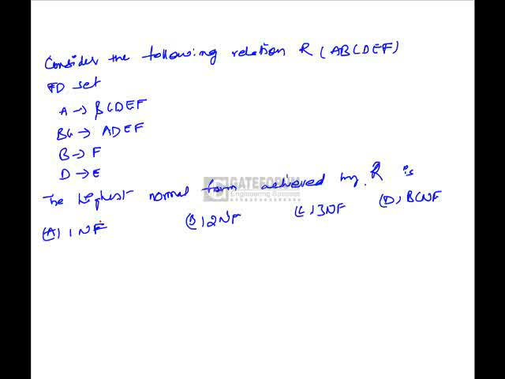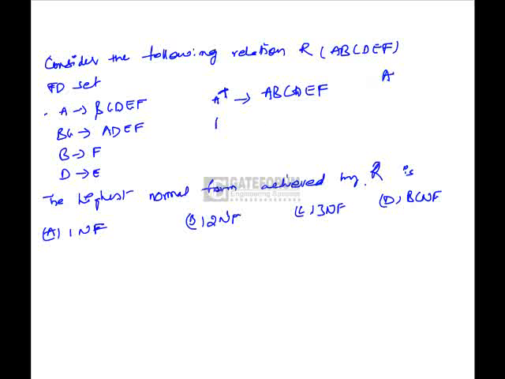So let us find keys for this table. If you find A plus, that means A closure, we will be getting A, B, C, D, E, F. So here A can derive all the attributes of the table. So one of the keys would be A.